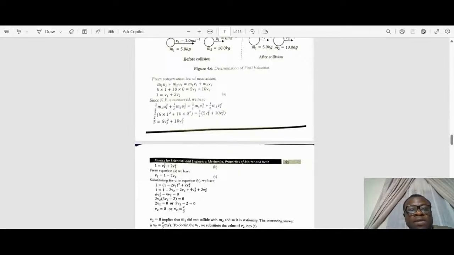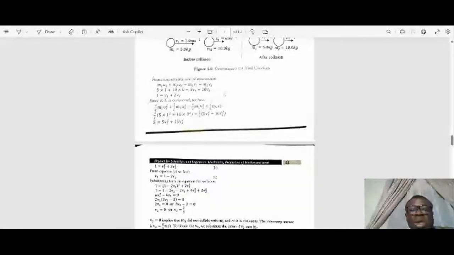So where you have half into 5 times 1 square plus 10 times 0 square equal to half into 5v1 square plus 10v2 square, we are going to reduce this. You multiply both by 2 so that the half goes and you have 5 equal to 5v1 square plus 10v2 square.